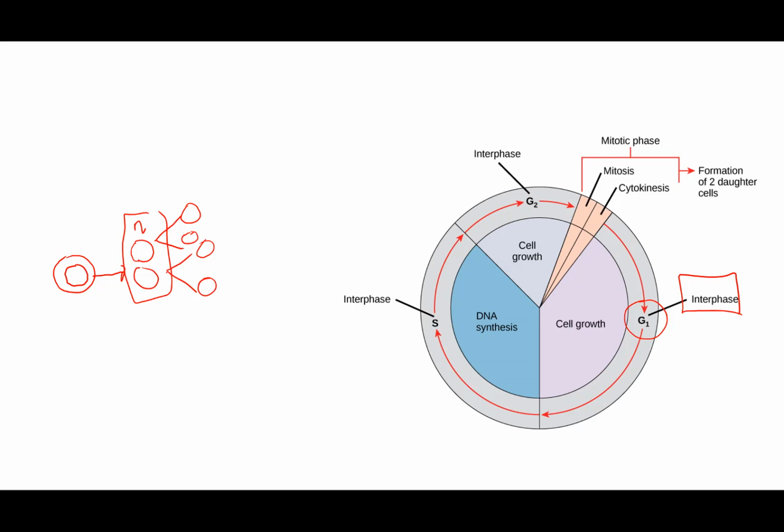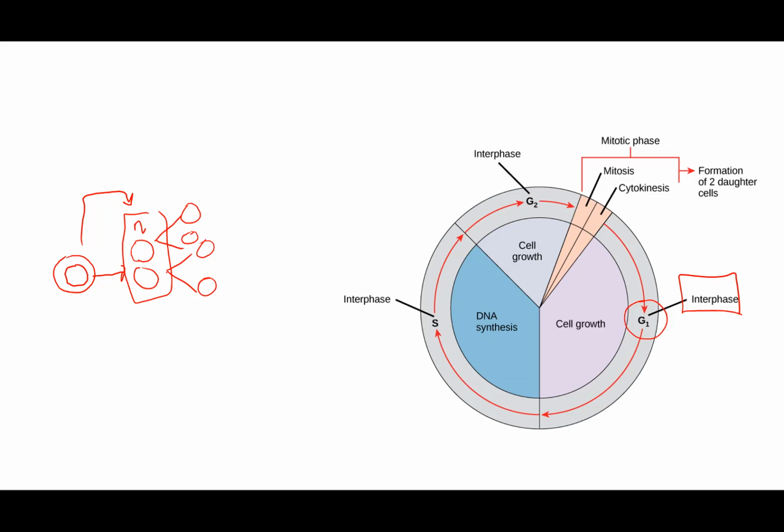In order to go from this step to this step, we need to follow a set of very interesting and important instructions. We need to go through the cell cycle. The cell here, the mother cell, has a certain amount of DNA.